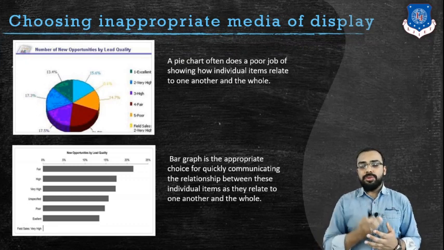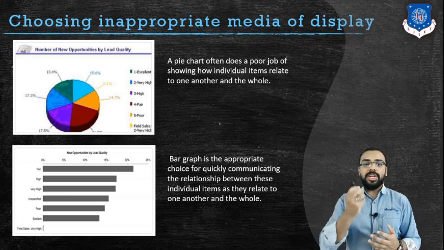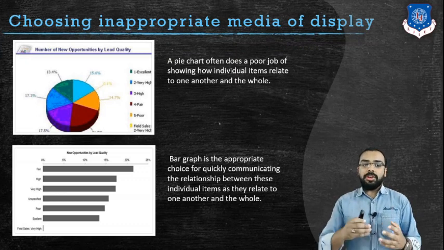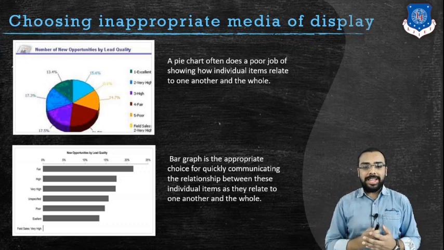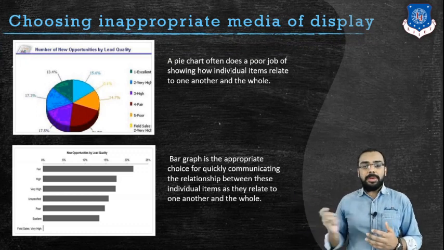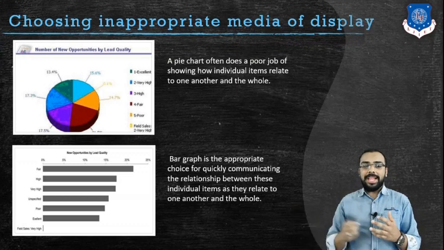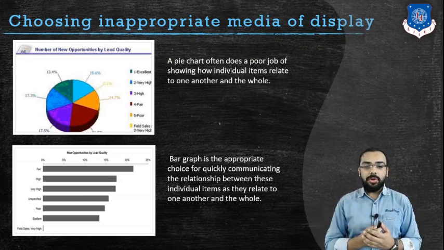We should use a bar chart in our dashboard instead of a pie chart, because with a bar chart it is very quick and easy to identify how much percent is fair, how much is excellent, how much is poor. If you compare both graphs, the pie chart and the bar chart, it is clearly understood that with the bar chart I can easily understand the particular thing.